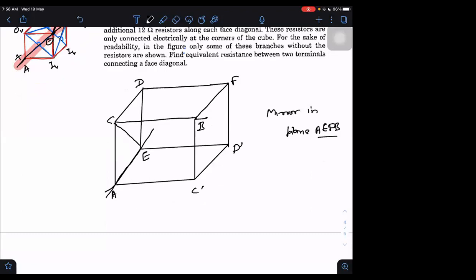Which are at the same potential? C and C dash, D and D dash. They are having the same potential. Now you tell me, CC dash and DD dash face diagonals we can remove.